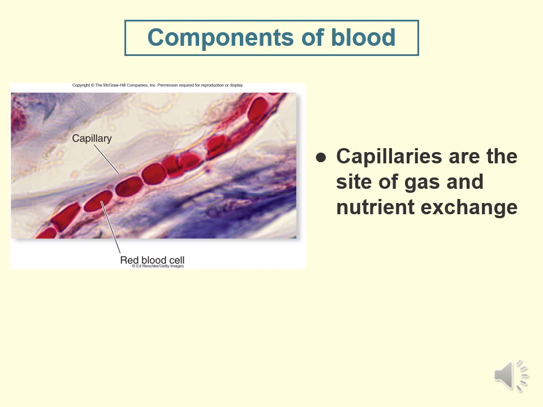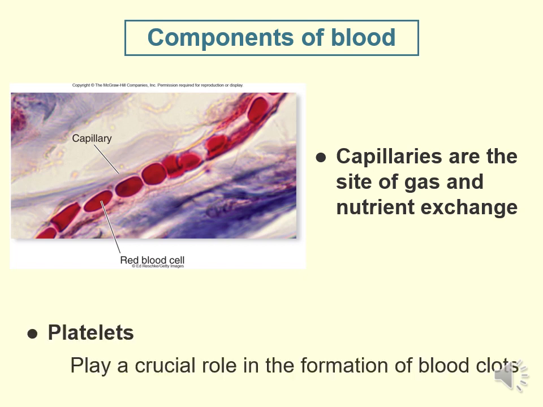So it's one cell layer thick between the blood and the tissues. The capillaries are then the main site where exchange of gas takes place between the blood and the tissues, and also where the nutrient exchange occurs in the tissues as well.